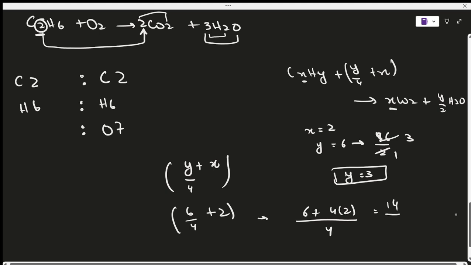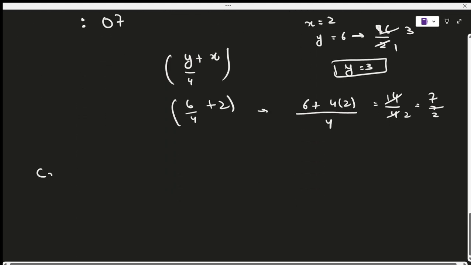So 14 over 4 comes as 7 over 2. So at this place you will write 7 over 2. So the equation comes as C2H6 plus 7 over 2 O2 gives 2 CO2 plus 3 H2O.